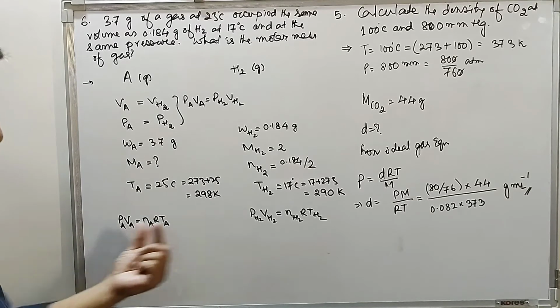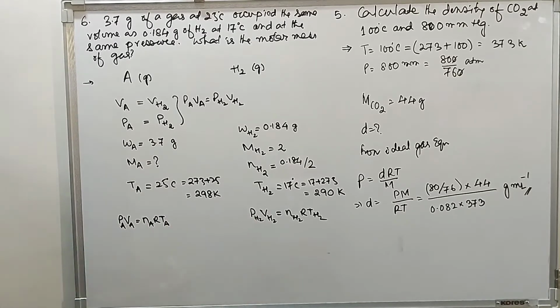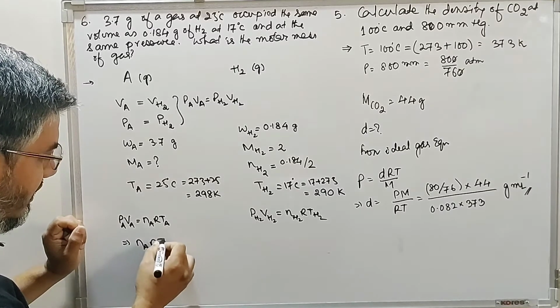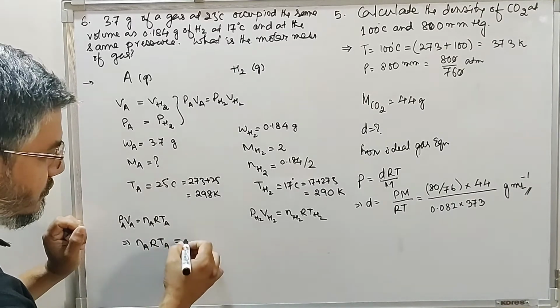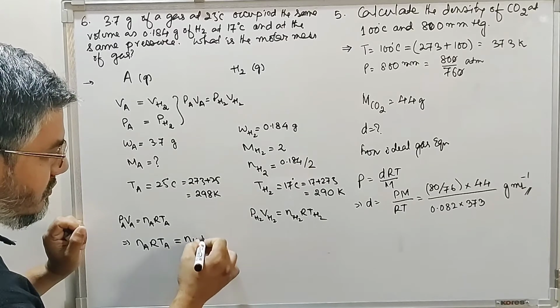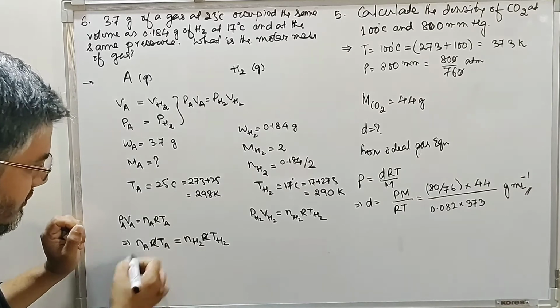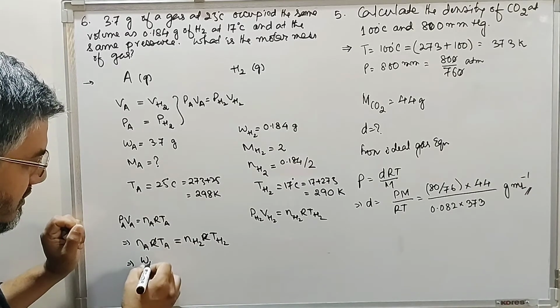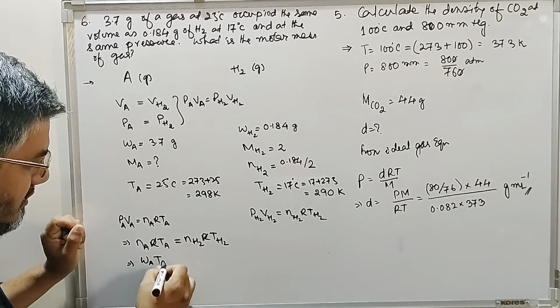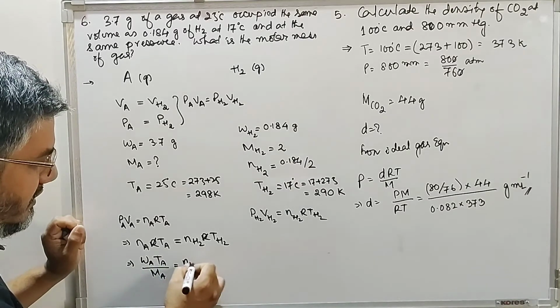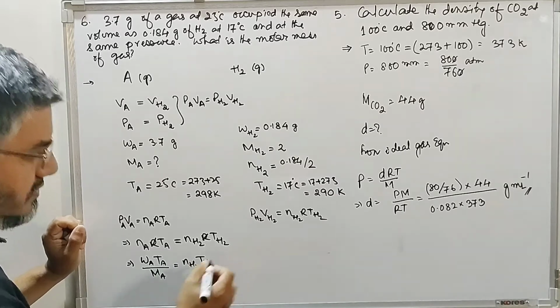If the left side is equal, then the right hand side should also be equal. So therefore NA R TA must be equal to NH2 R TH2. So R will cancel out. So NA is WA by MA, which gives WA TA by MA equal to NH2 TH2.